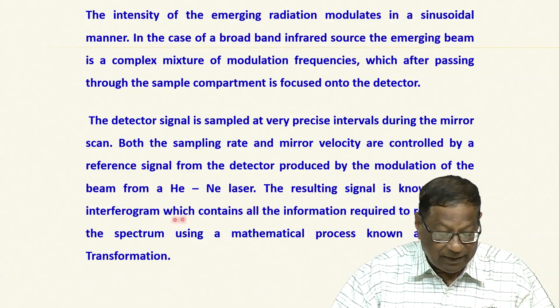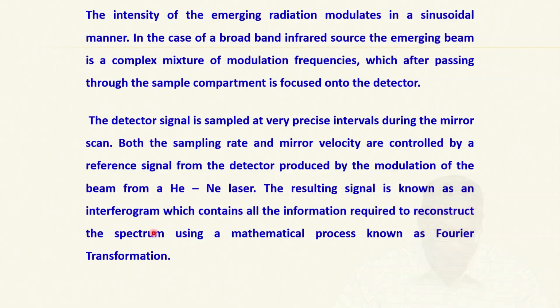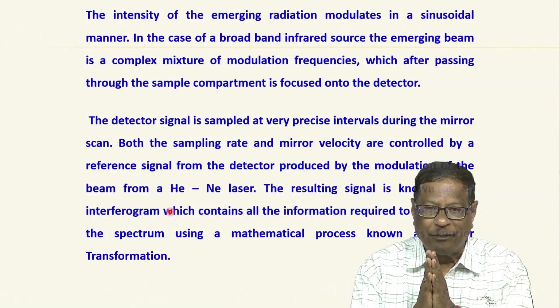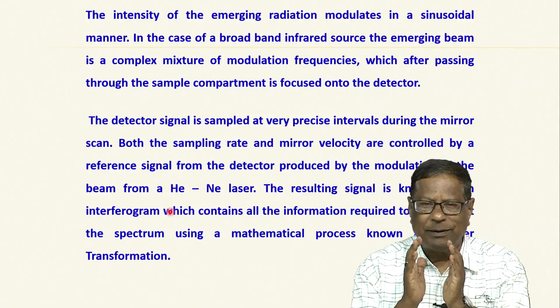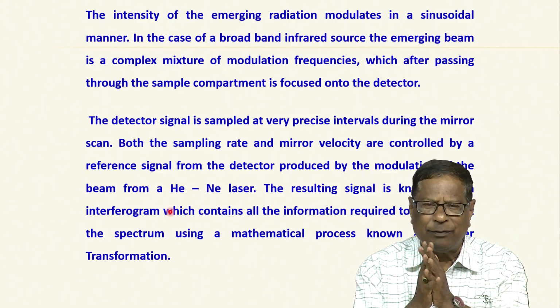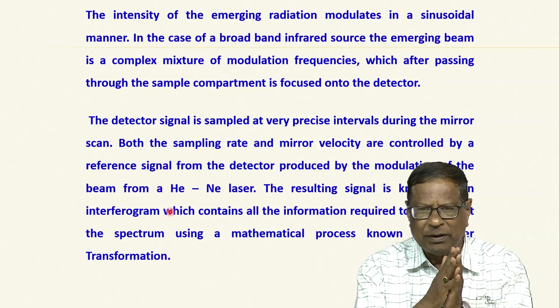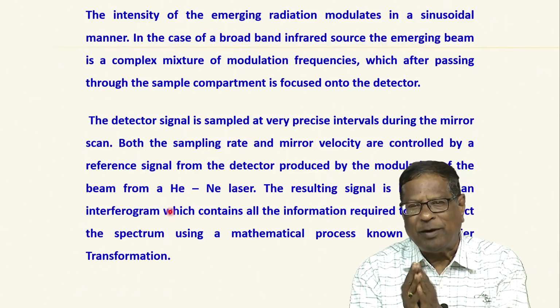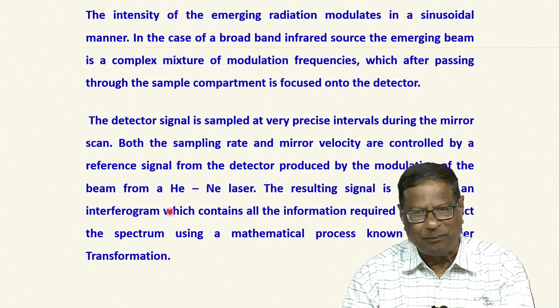So, the resulting signal is known as the interferogram. So, what is the interferogram? It is the total radiation coming out from the infrared source after it passes through the sample.